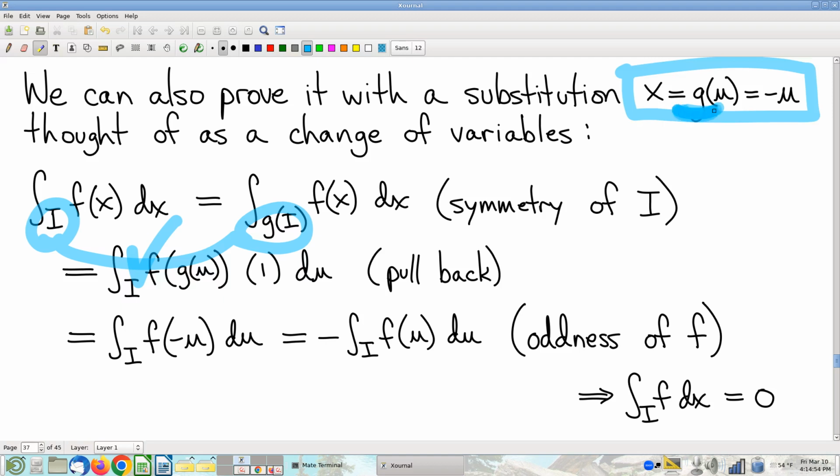So g just throws in a minus sign. So in theory, we could have said x equals g of x, which is equal to negative x. I didn't follow, I'm sorry. You just said x is equal to negative x. Well, but see, you can't say x equals negative x because you're confusing your variables. You're conflating the input to this reflection function with what comes out of the reflection function.